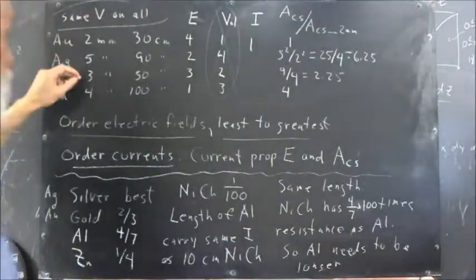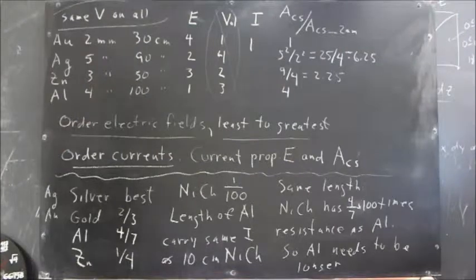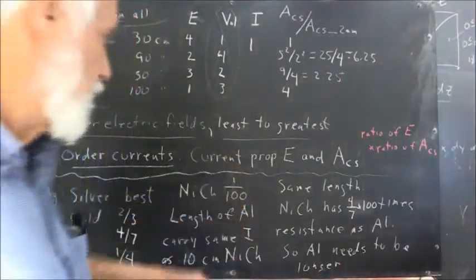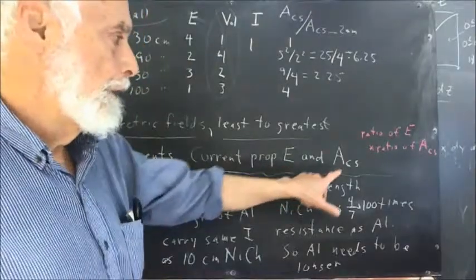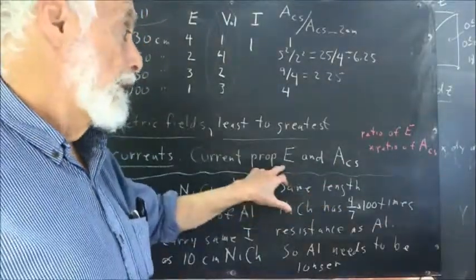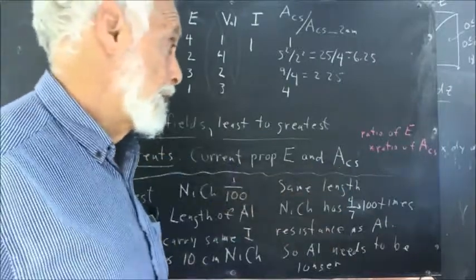Now, making comparisons between the other pairs, well, we can reason them out similarly, and you should do that. Now, just to quickly summarize this before we go on here, the current is going to be proportional to the electric field and to the cross-sectional area. Greater electric field means greater current. Greater cross-sectional area means greater current.